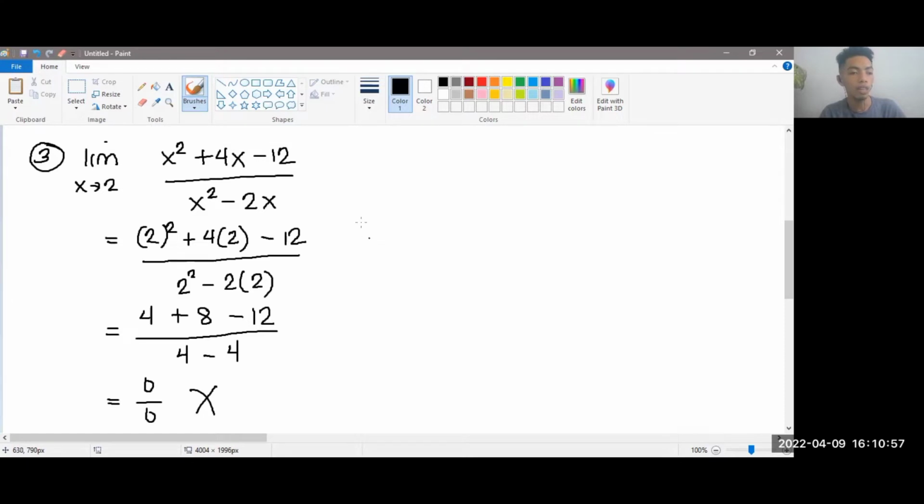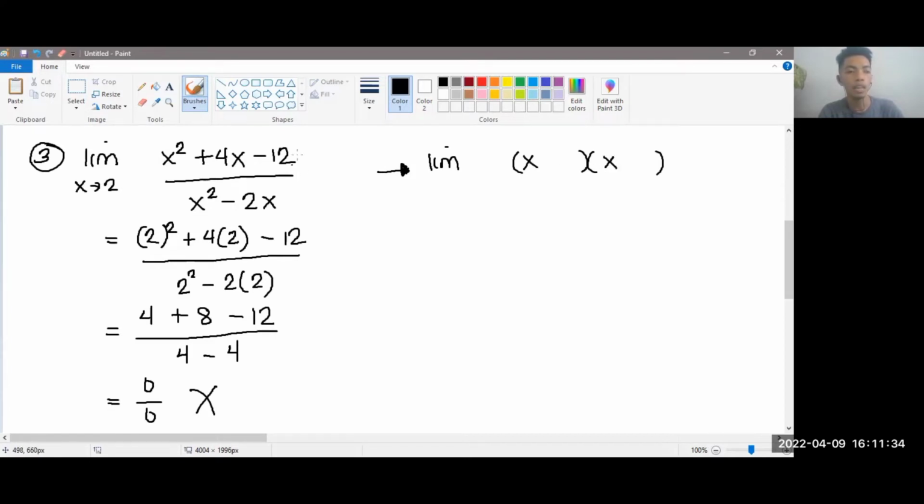Dito, meron tayong given na rational expression na x squared plus 4x minus 12 over x squared minus 2x. So, the only thing that we need to do is to simplify the function inside the limit. Kapag pinactor natin yung x squared plus 4x minus 12, ang factor ng x squared ay x times x.